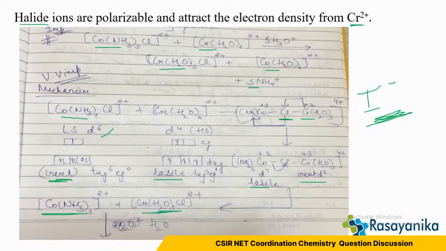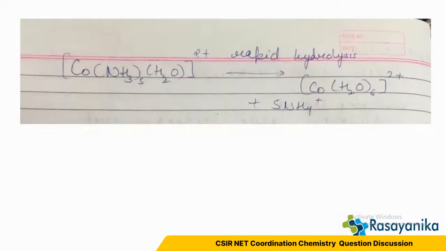This complex has become inert and this is labile, right? So on adding water, what will happen? It will take up one water molecule and the coordination number will be 6 here for the cobalt.